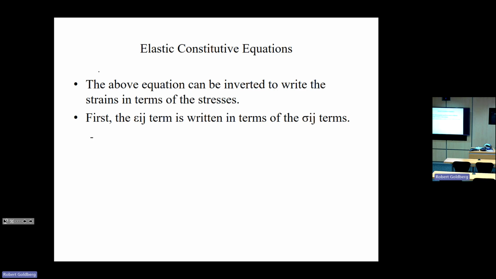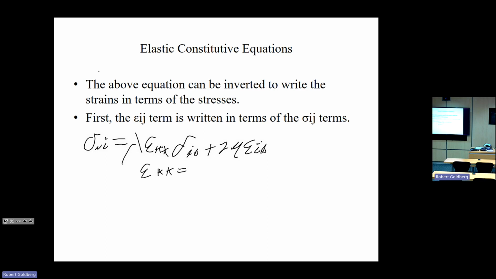So we have that sigma ii is equal to lambda epsilon kk delta ii plus 2 mu epsilon ii. And in indicial notation, we can say that epsilon kk is equal to epsilon ii.